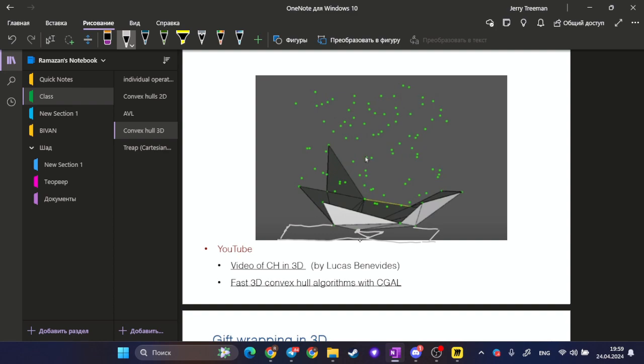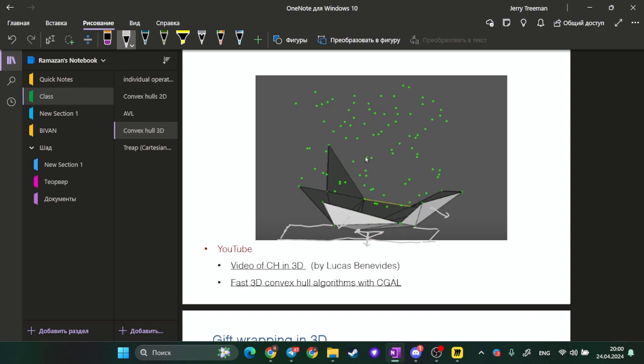We can compute the normal vector for every plane, the normal vectors of all of these faces.